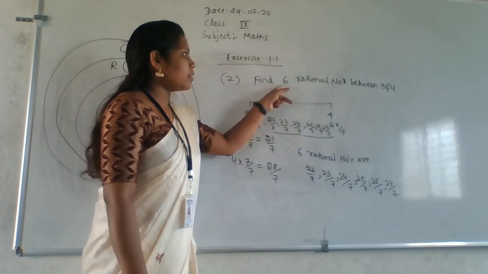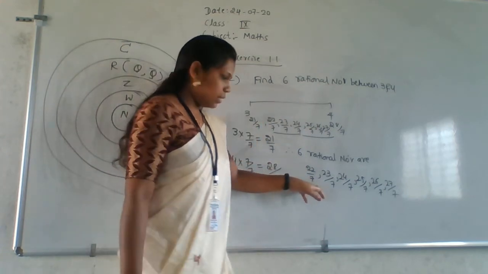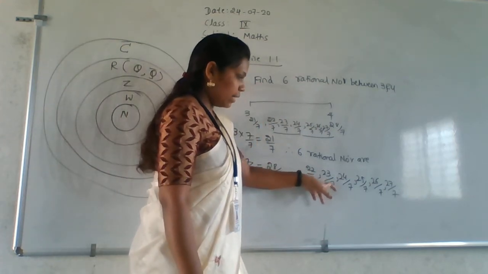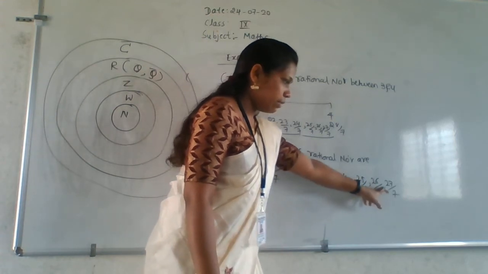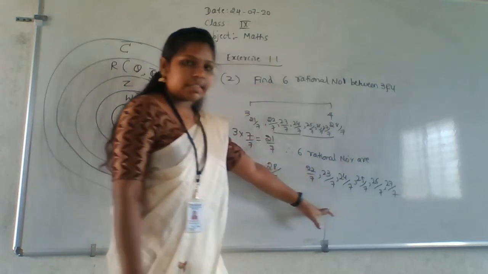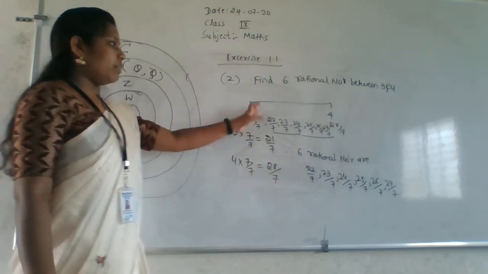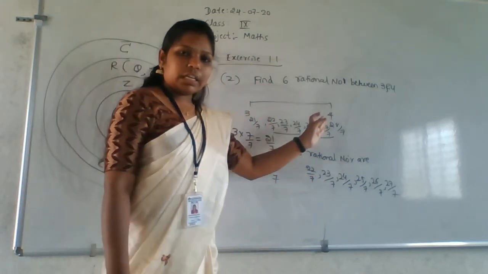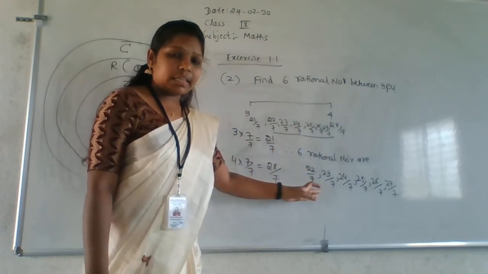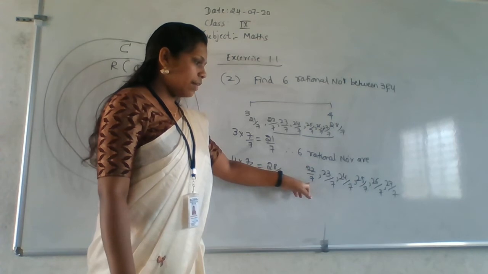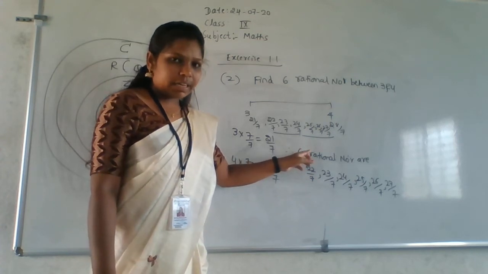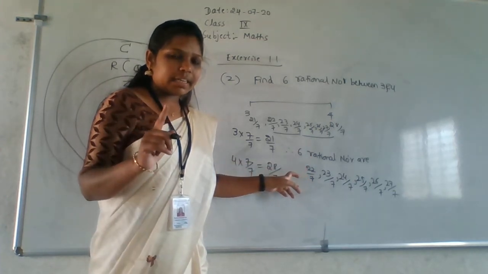How many did they ask? 6. We already get 6 here: 22 by 7, 23 by 7, 24 by 7, 25 by 7, 26 by 7, 27 by 7. These are the rational numbers between 3 and 4. If you want to check whether it is between 3 and 4, divide the number. 22 by 7: 7 threes are 21, you get a remainder 1.